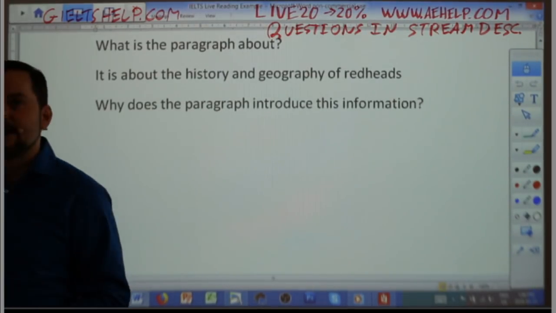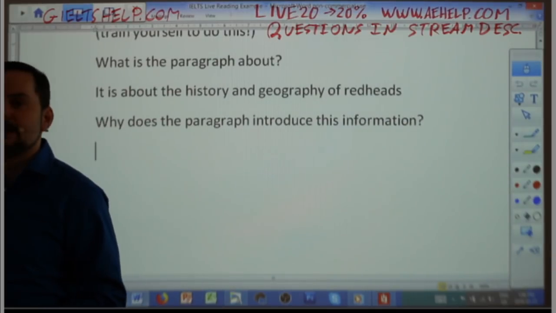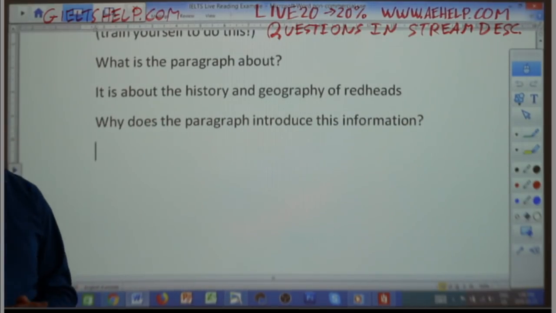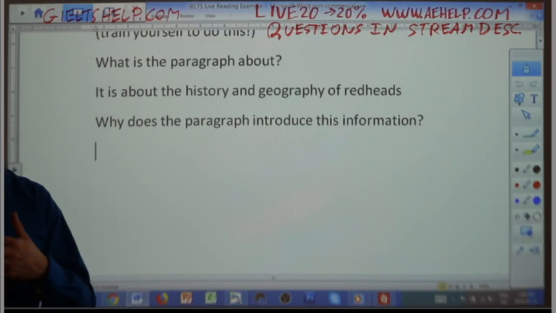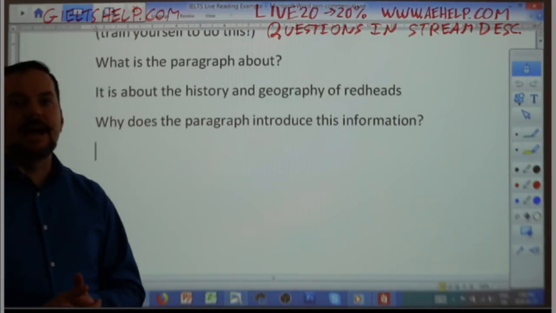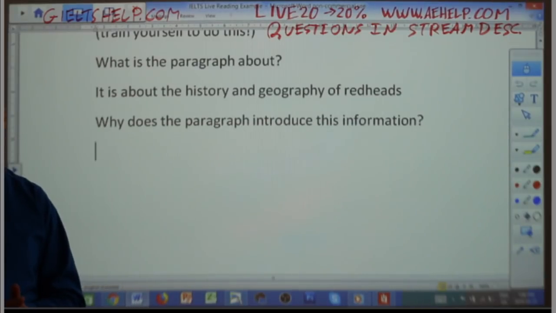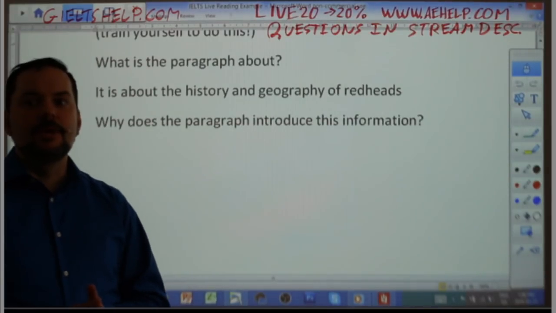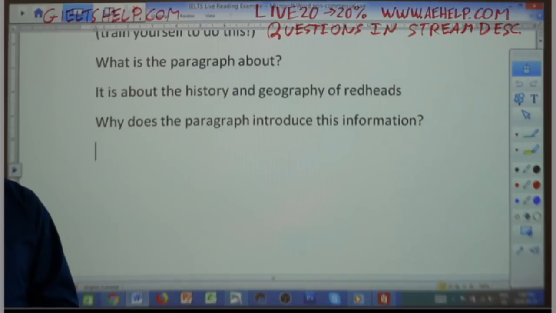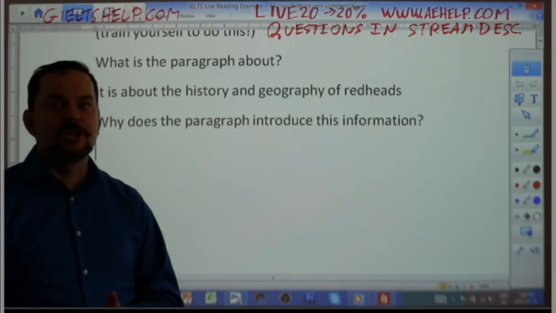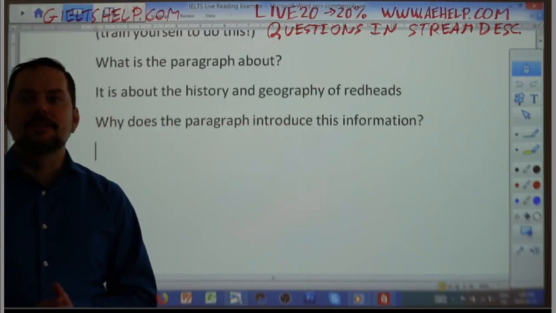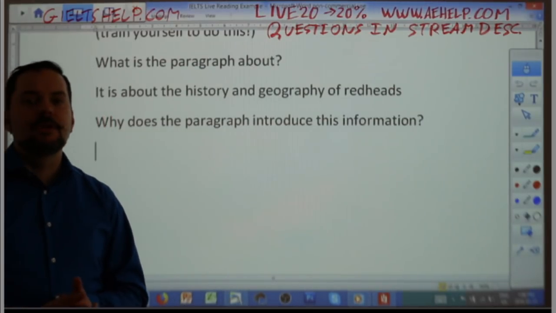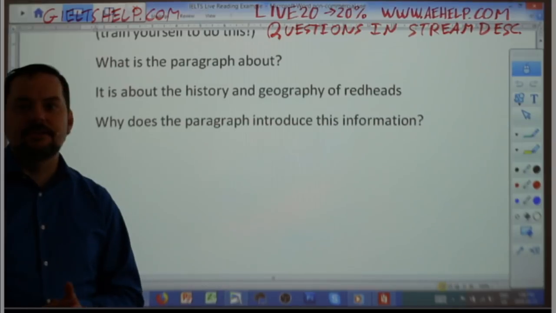So why does the paragraph introduce this information? Okay, Vikalp says because it's giving us some background. Yeah, absolutely. And if we read between the lines, we get some other information as well, that it's important for genetics. Yeah, so it's an important physical feature to understand.